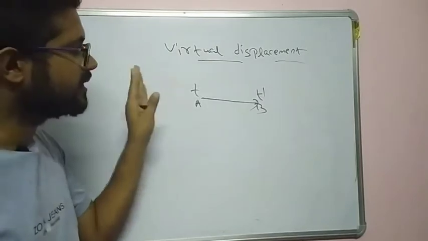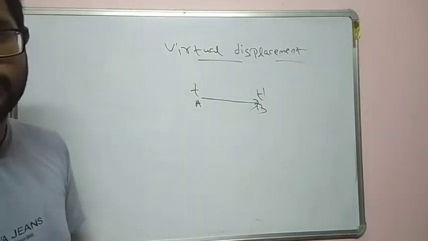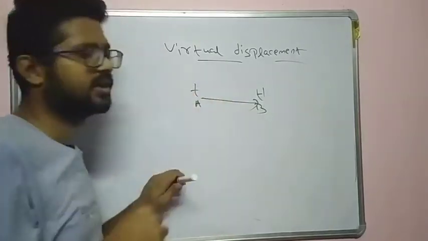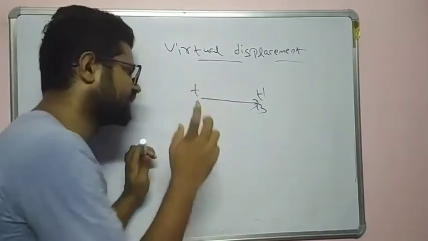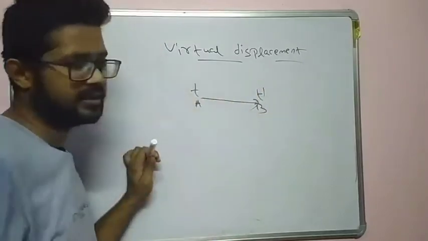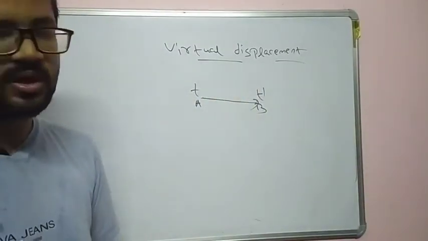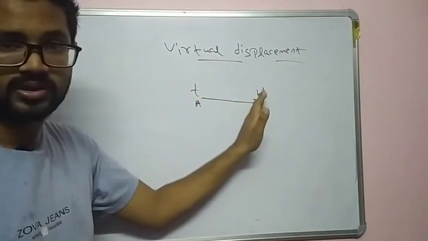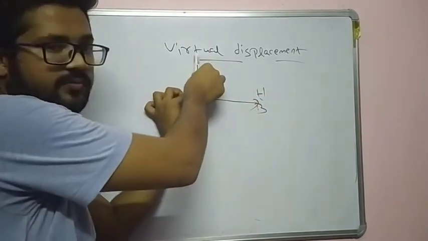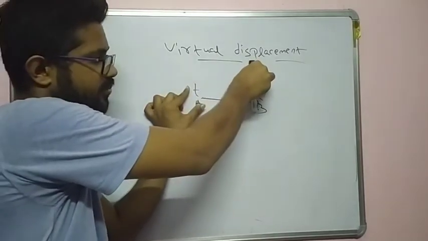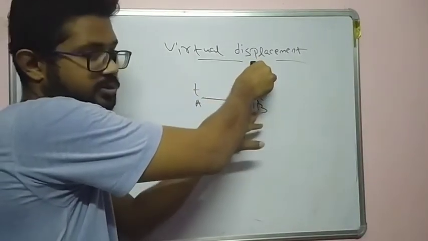That means when a particle changes its position, first it was at point A, and when the particle goes to point B, the position is here. The particle is changing its position from here to here, and the new position is here.